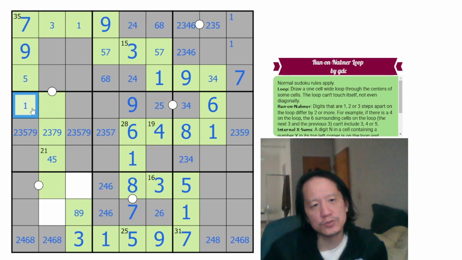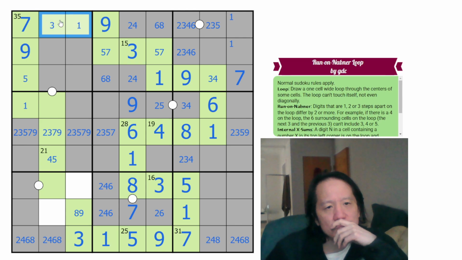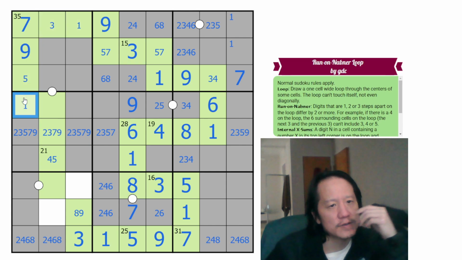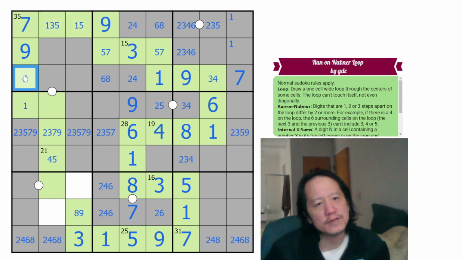If therefore it would be 2, 3, 2, 3, which could be consecutive. It could potentially be 1, 5. If it's 1, 5, this has to be 1 and 3. So this could be 1, 5, and then this is 3, and this is still 1.